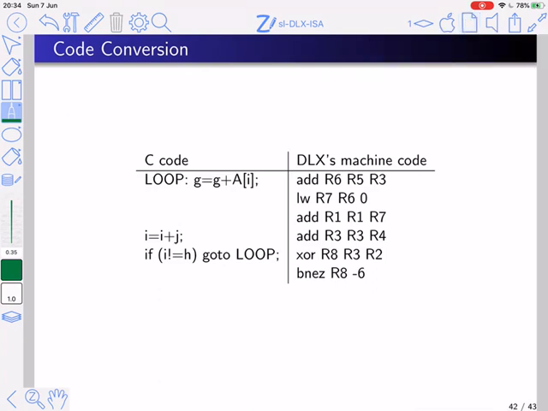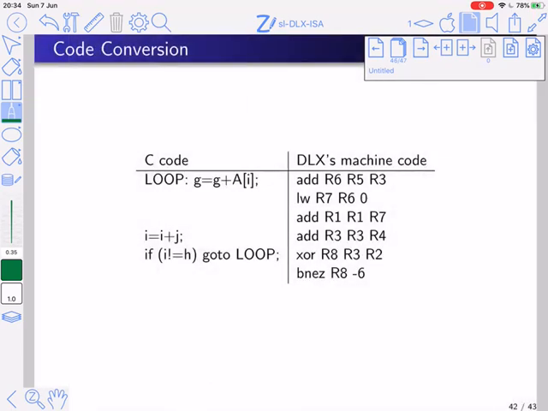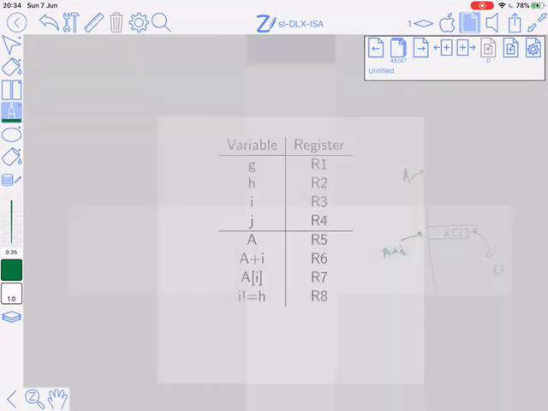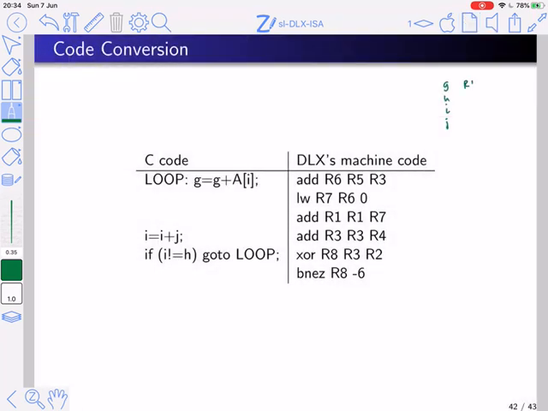How do we do the encoding? Okay, so let's copy the table shortly so that we have it in front of our eyes. GHIJ. These are registers R1 to R4.